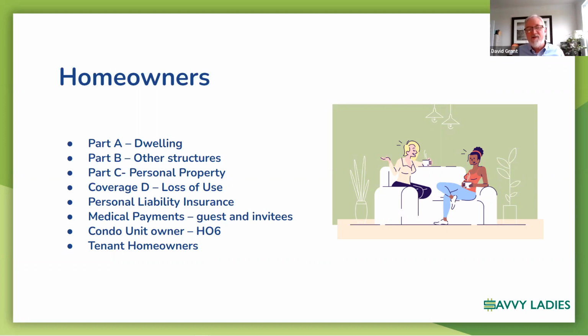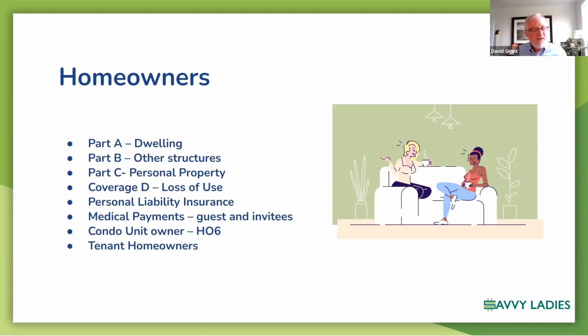There is another policy, the HO6, which is a condominium unit owner's policy. Now, the condominium unit owner does not own the building. They own the airspace inside of the unit that they're occupying. A condominium unit owner needs to actually look at the bylaws of their condominium association to determine what they need to insure and what they don't need to insure.